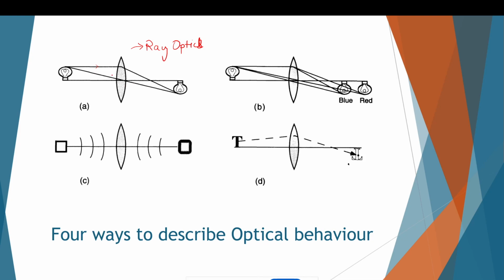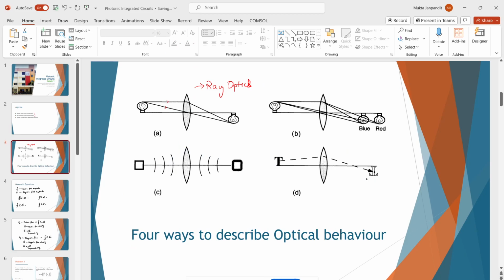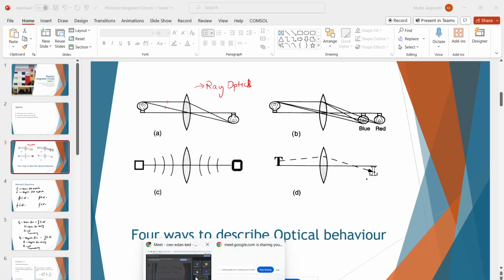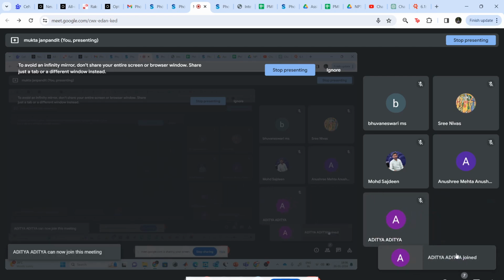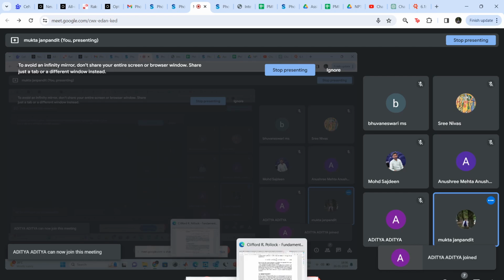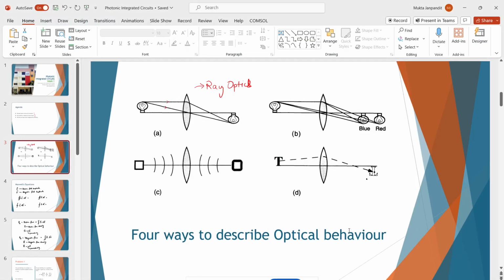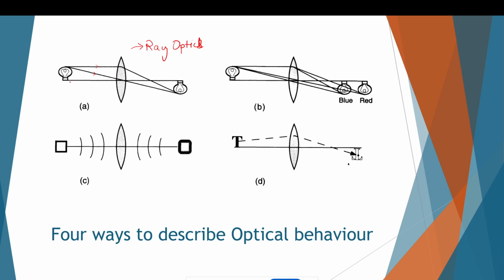Here we simply know the refractive index of the lens, based on which we predict the focal length, and then based on the focal length of the lens we can trace the rays so as to generate an image. So that is the basic ray optics phenomenon.